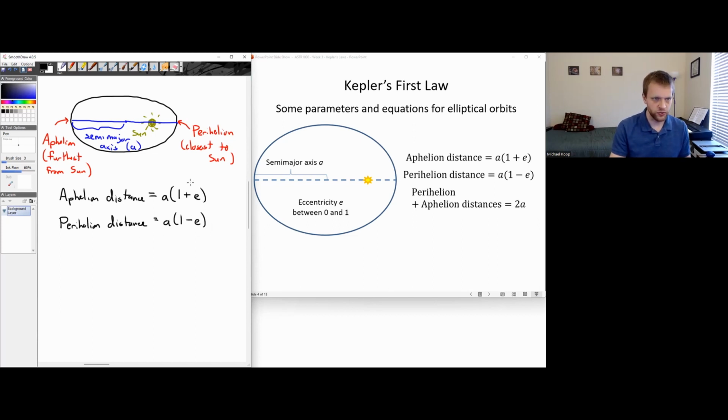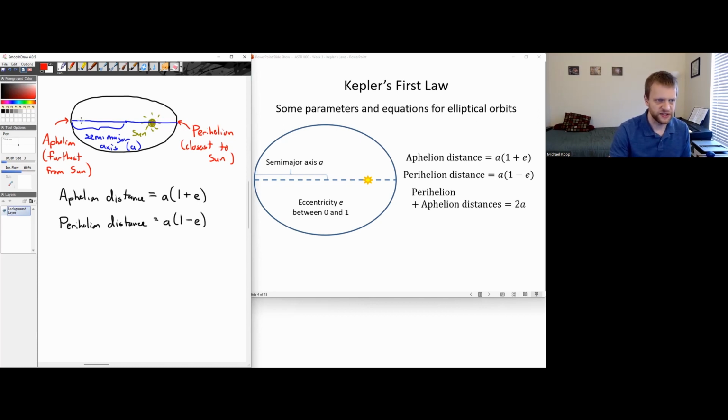The last thing to note is, let's look at this geometrically. The perihelion distance is the closest distance that the planet ever makes to the sun. So it's this distance.